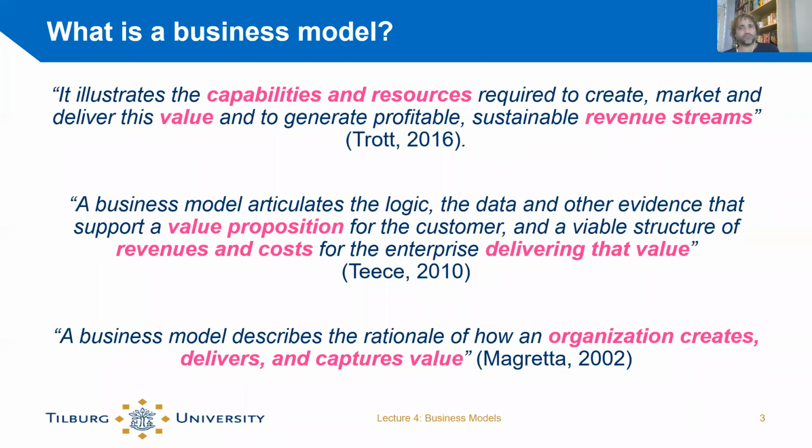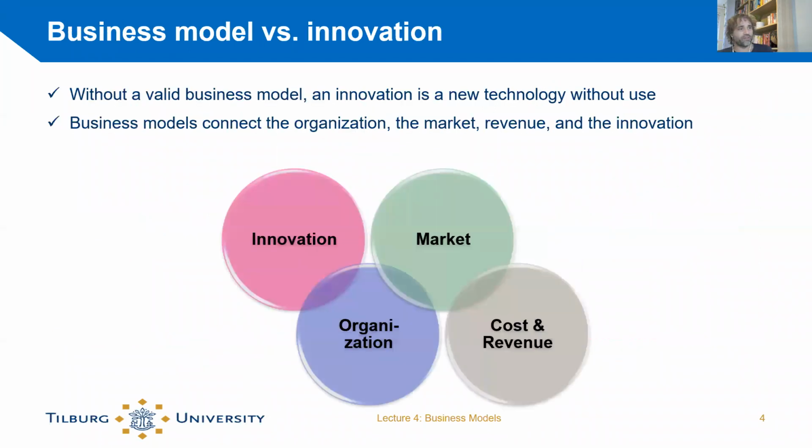So if you look at this definition, it is three components, but because we're talking about innovation, you can basically define a business model in terms of these four components: the innovation, the markets, the organization, and the cost and revenue.